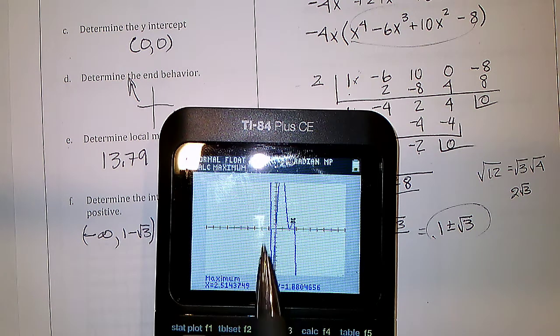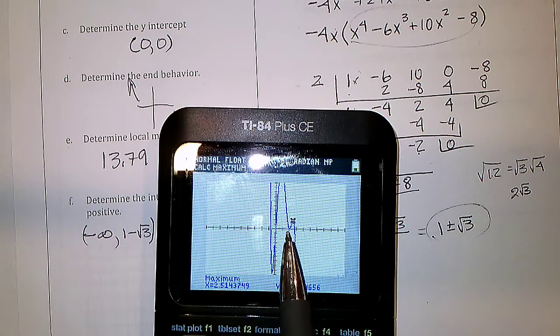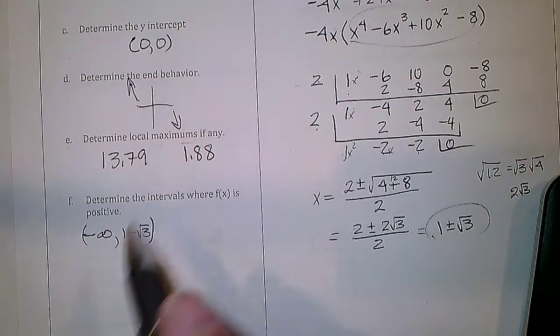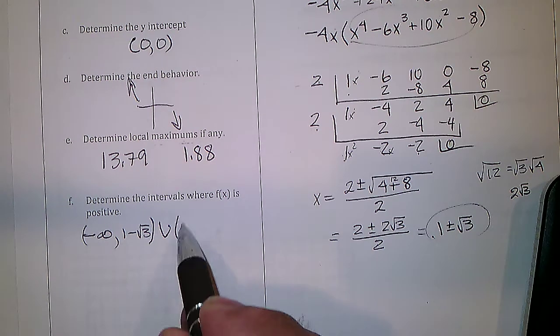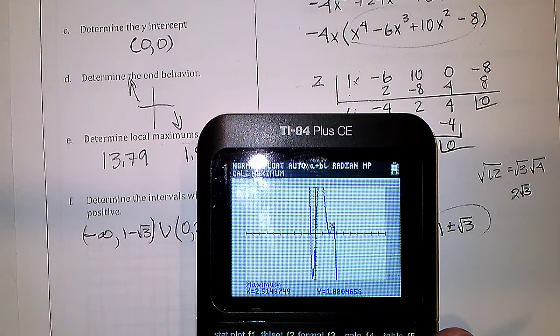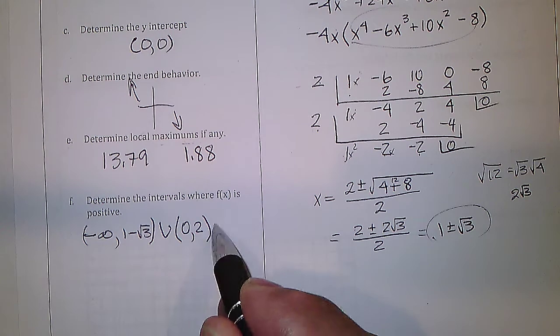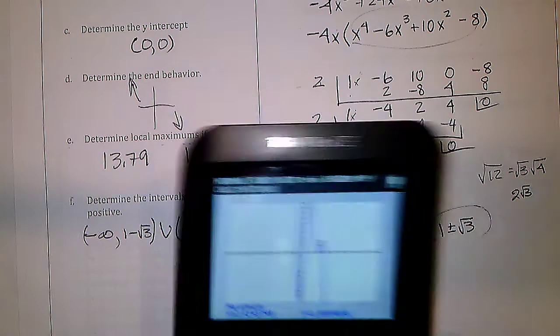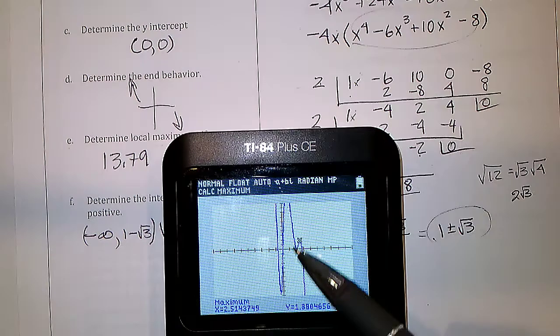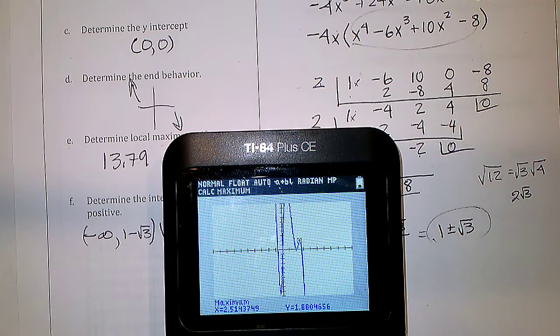And then it's negative, and then it's positive starting at 0 and up to 2. But at 2, it goes to 0. It actually touches, so we don't want to include that, so that's why we have to stop there. And we could go again because it just goes right back up to positive and then heads down to negative.